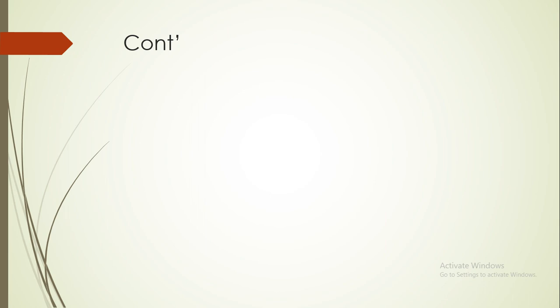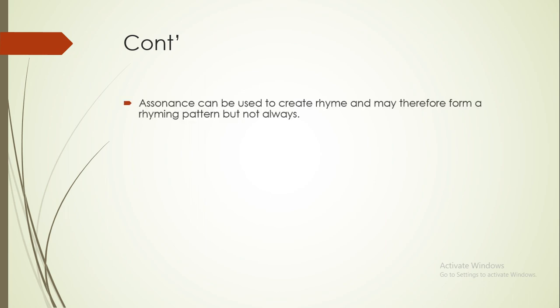Let us continue. As we proceed on, we are now going to see the use of assonance in poems. Assonance can be used to describe rhyme, and may therefore form a rhyming pattern, but not always. What is rhyme? Rhyme is where we have the same sound in words. Therefore, rhyme creates a rhythm, and that rhythm is what creates a rhyming pattern. Remember, in the previous units, we had talked about the rhyming pattern, where we had rhyming sounds at the end of the lines.